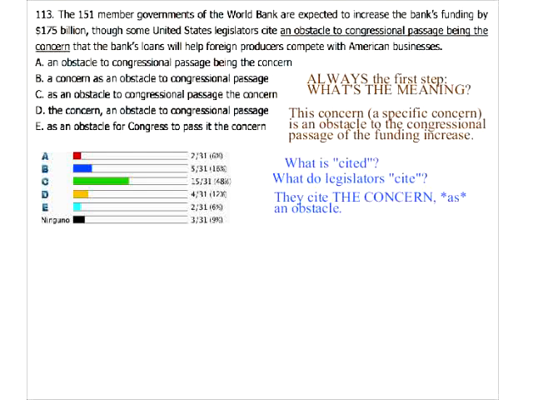So that's significant too. Because if you look at a couple of these other choices here, if you take a look at choice A, they cite an obstacle, that's not really the point. They cite the concern is what it should say. So we don't like that.